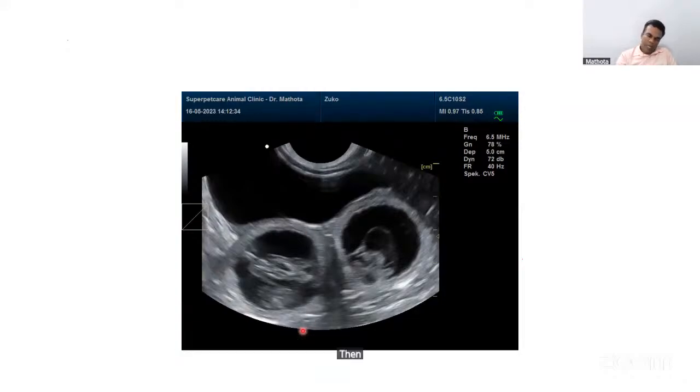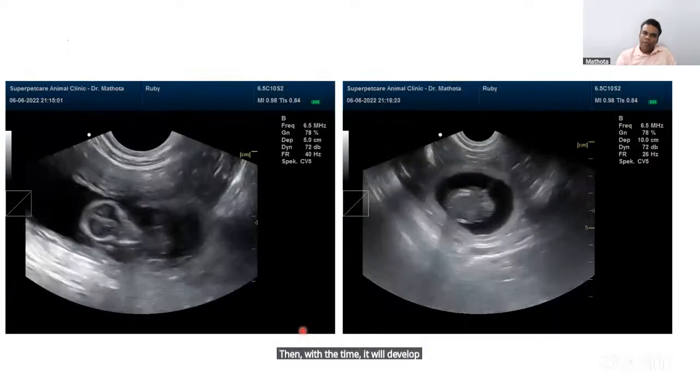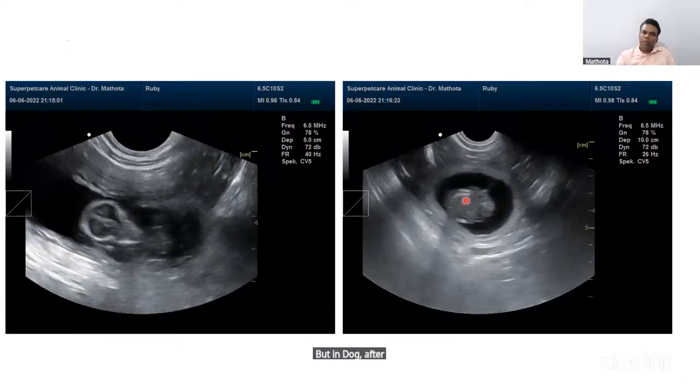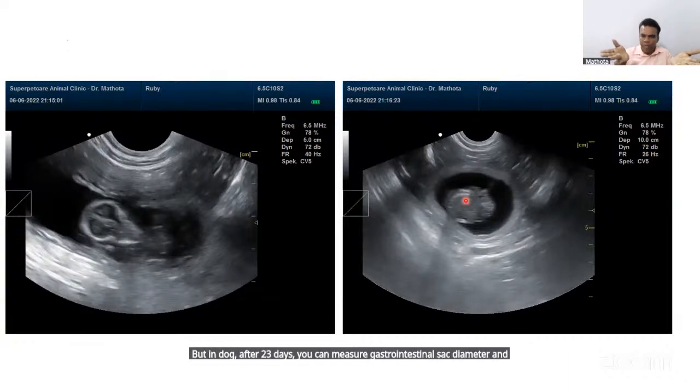Then with time the fetus will develop, and we can measure head diameter and body diameter. This is the best measurement we can do with the fetus. We can measure the head diameter and body diameter and calculate the fetal age. But in a dog, after 23 days, you can measure the gestational sac diameter and calculate fetal age.